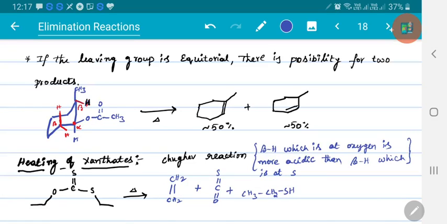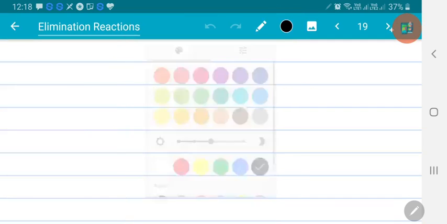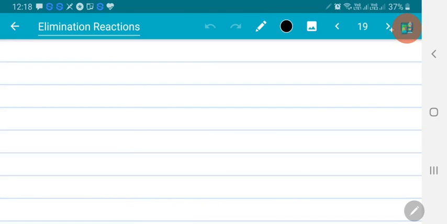Now let me see how this reaction occurs with some mechanism. Now how are these xanthates formed? First let me see the preparation of xanthates, particularly from alcohols.